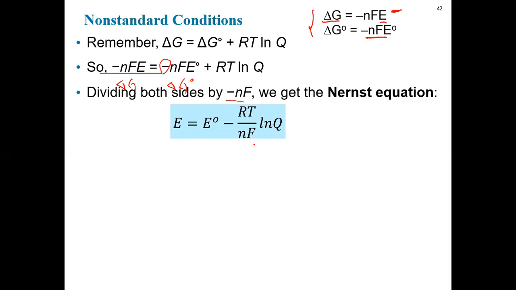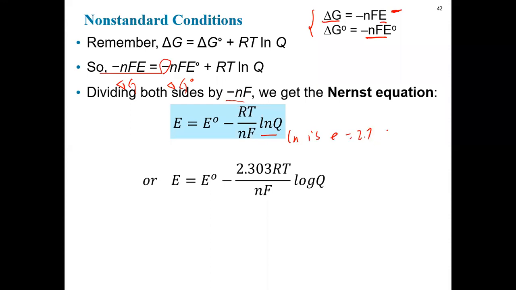The next version of this equation is like this. You can change ln to the log base 10, where e equals 2.7 something is the base of the natural logarithm function.